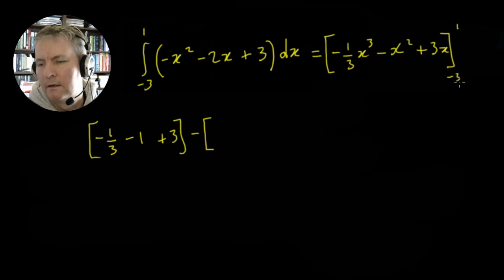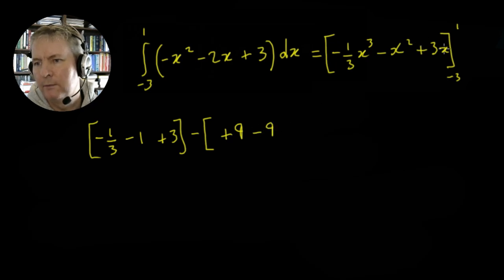So this is going to give us 27, but it's minus 27. And then this is a minus, so it's going to give us plus 27 upon 3. So plus 27 upon 3 is going to be plus 9. And we're going to have minus 3 squared, which is 9, but then it's a minus sign, so it's going to be minus 9. And then we're going to have 3 times minus 3, which is minus 9.